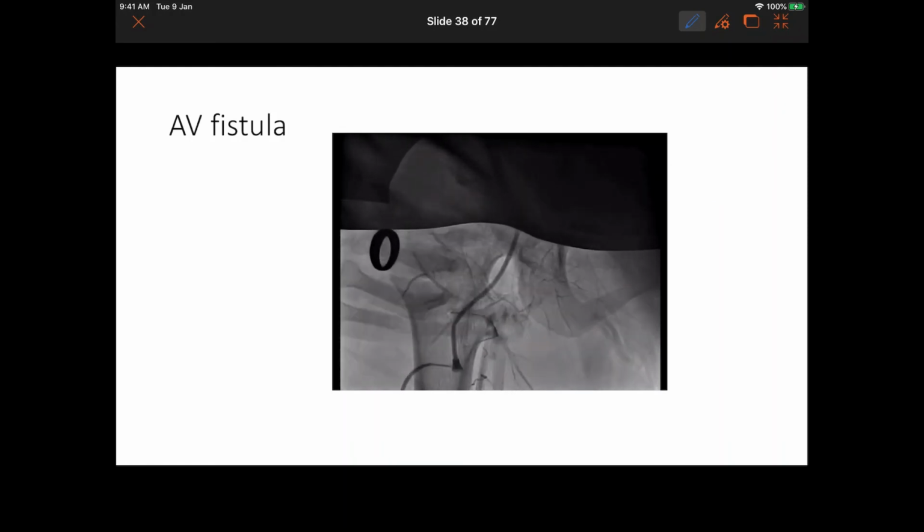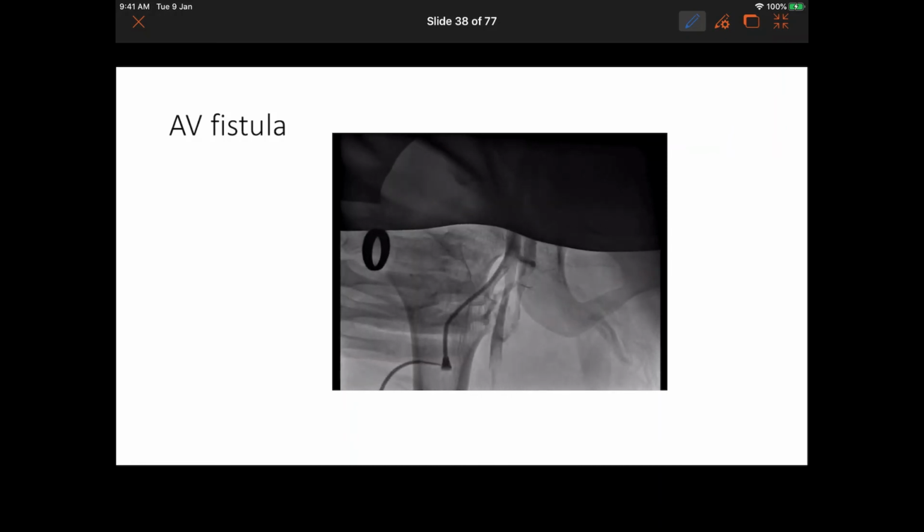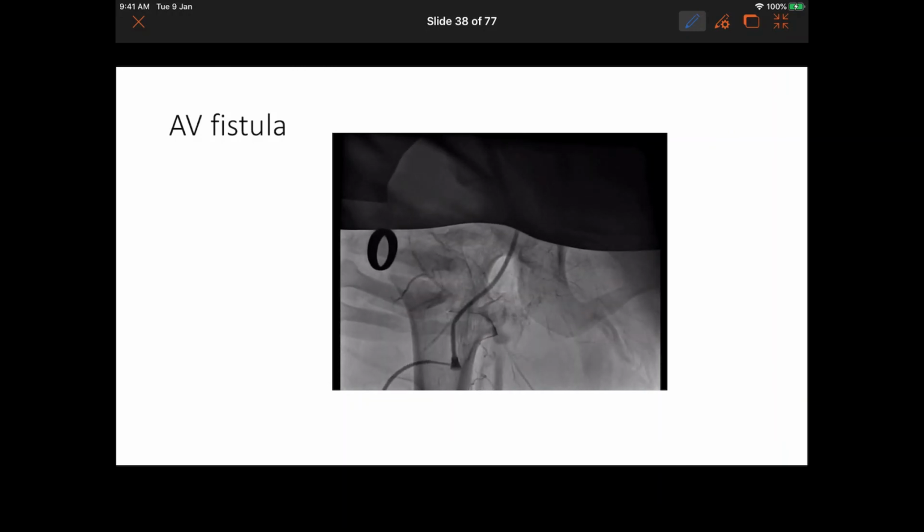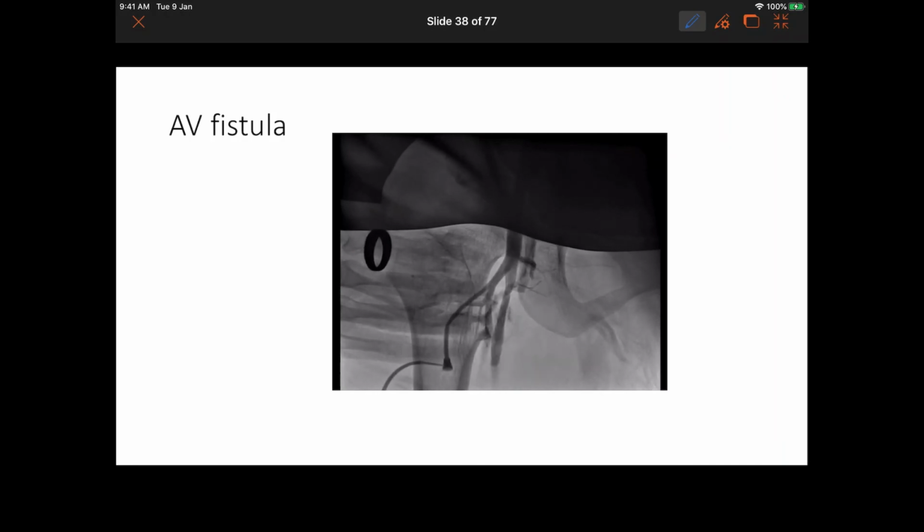In this situation, when it has been pulled, the needle may still be in the vein, and when you push in laterally, the vein is being punctured and now you have an entry into the artery.